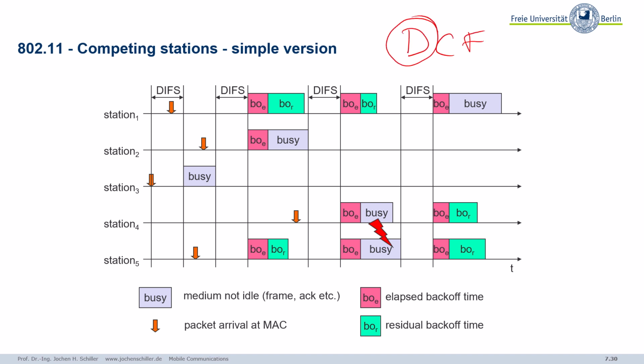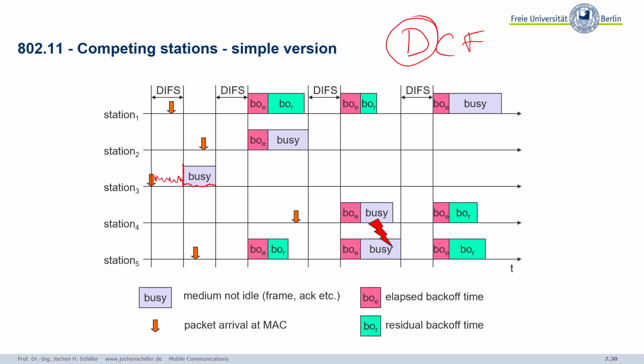So it's distributed. Okay, so station 3 is the first one that wants to send, and there's also station 1 that wants to send, etc. So we learned that the station has to check if the medium is idle for a certain time. Station 3 checks for a certain time, and after the time is over, it simply starts sending.